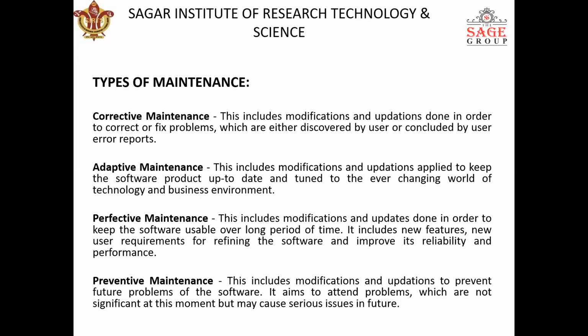Second one is adaptive maintenance. Now this is another type of maintenance. This includes modification and updation applied to keep the software product up to date and in tune with the ever changing world of technology and the business environment. Means if some business environment is changed, at that particular time we need adaptive maintenance.